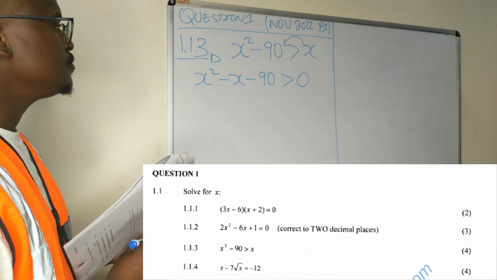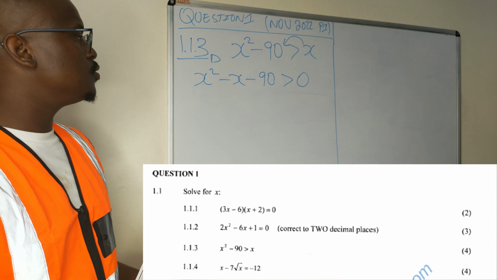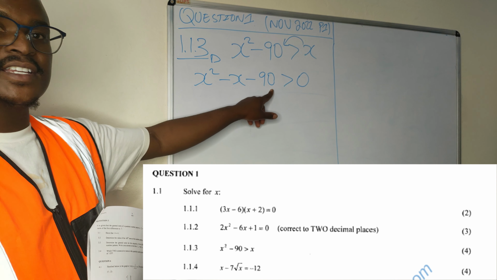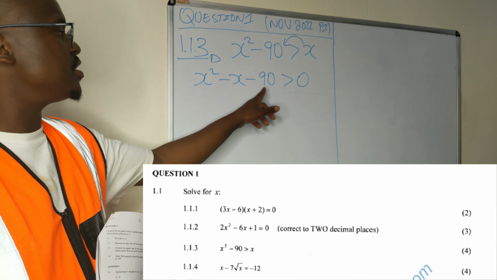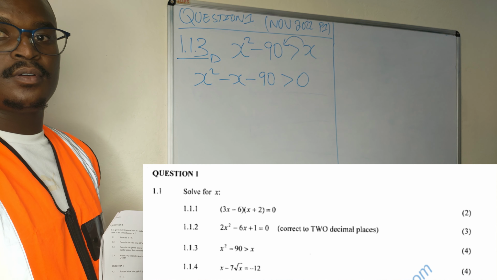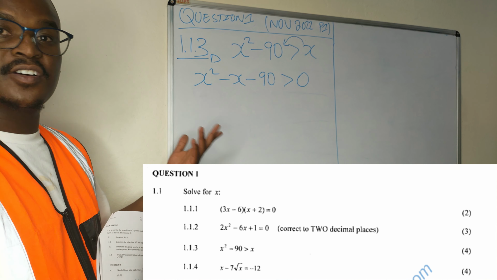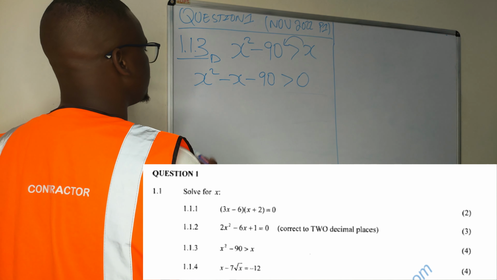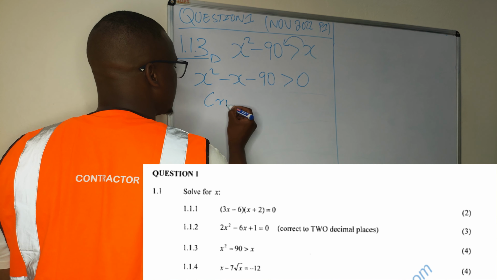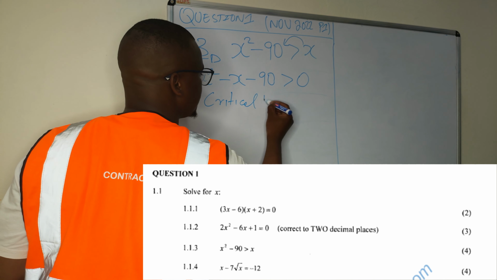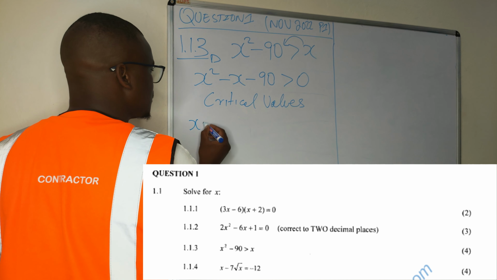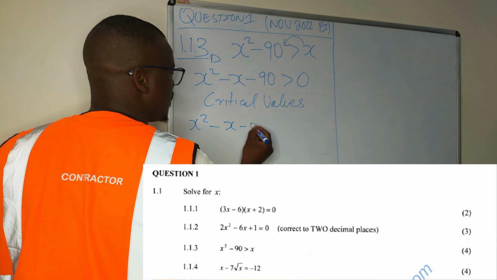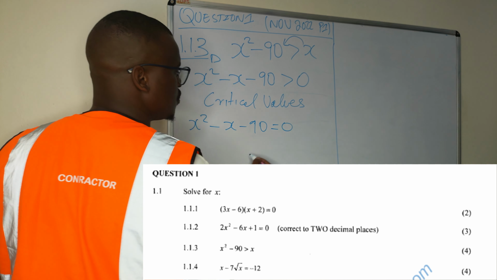So you want to find your critical values here, where this equation of yours is equal to 0. That's what you need to do. Find your critical values. So say you want, okay, our critical values for x squared minus x minus 90 is equal to 0.